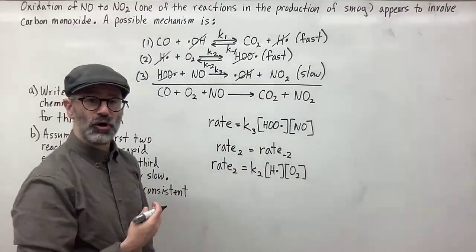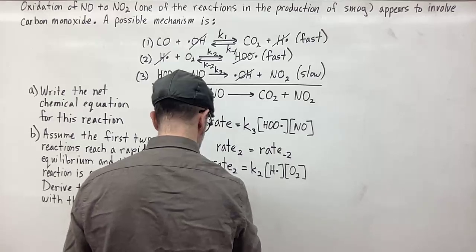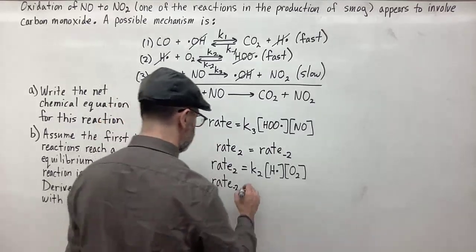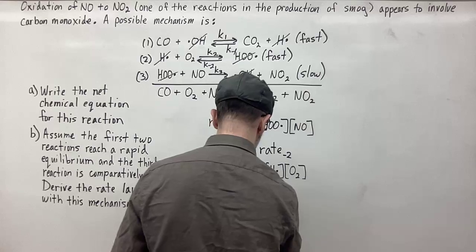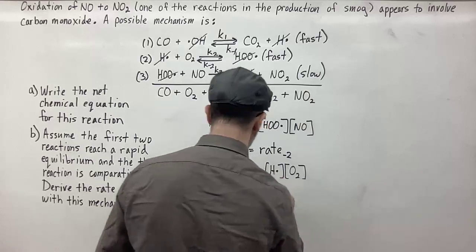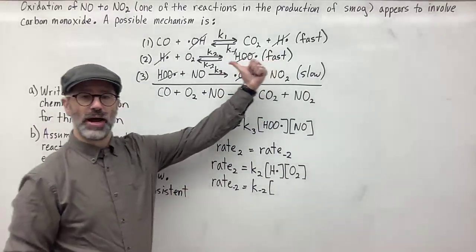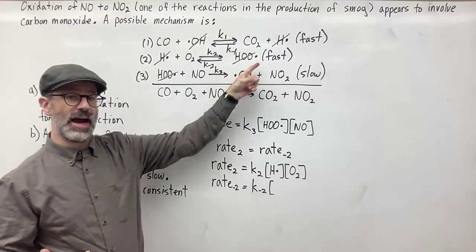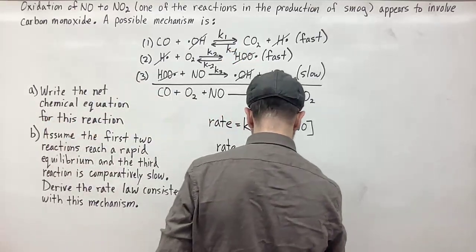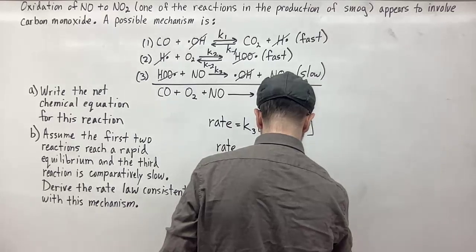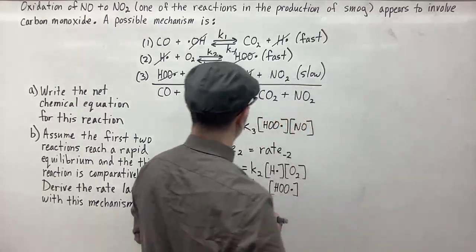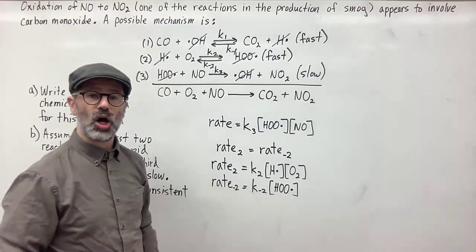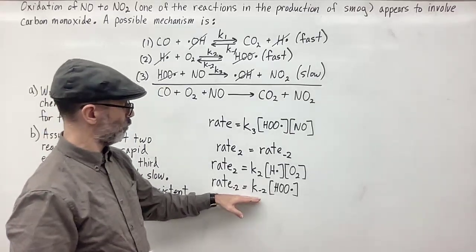And then we can do the reverse reaction. So the reverse rate minus 2 is equal to K minus 2. And since we're going this way, then the HOO dot becomes the reactant. So we'll write HOO dot. And that's the only one there. So this is the rate law for the reverse reaction.